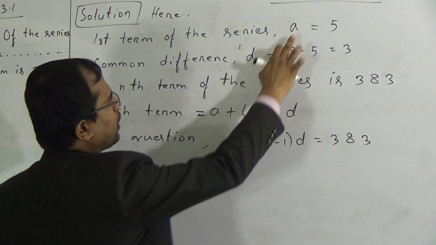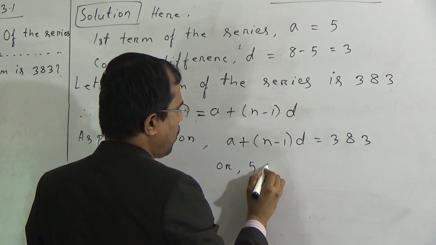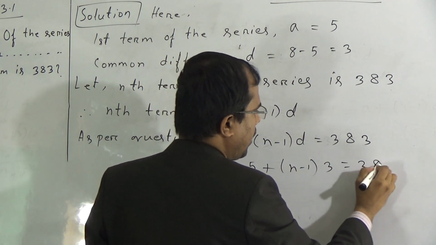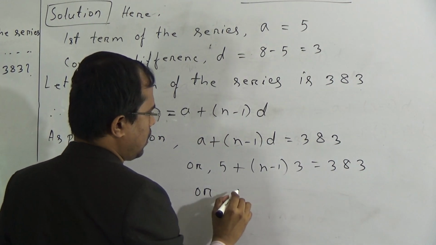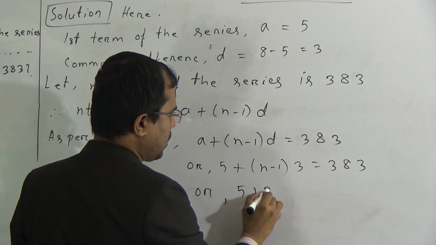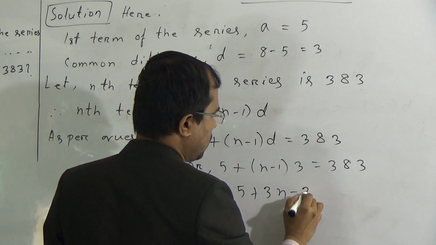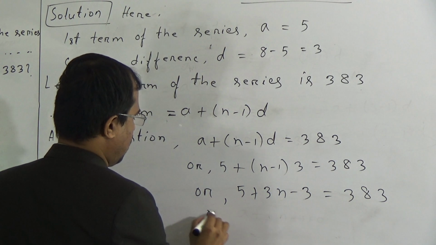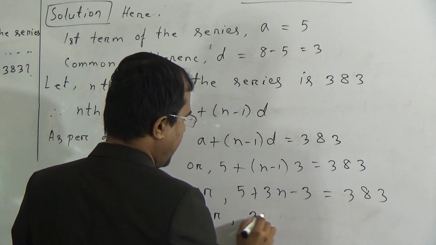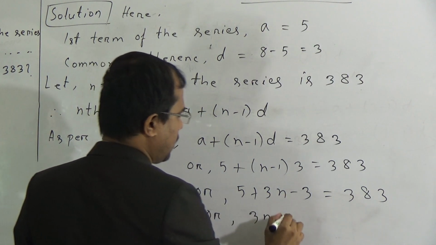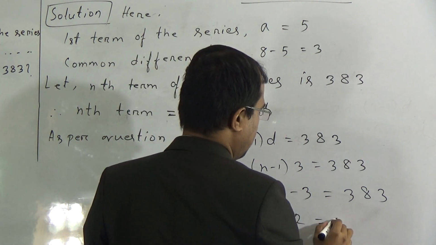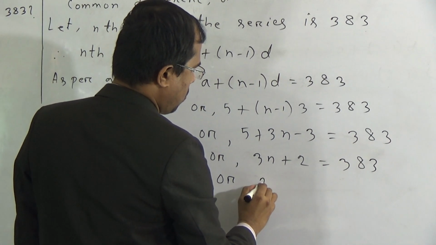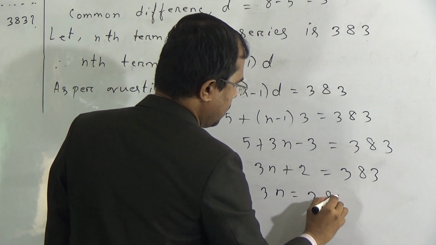Here the value of first term a equal to 5, so instead of a we will write 5 plus n minus 1 into the value of d, 3, equal to 383, or 5 plus n into 3, this is equal to 3n, minus 3 multiplication minus 1, this is equal to minus 3, equal to 383, or 3n plus 5 minus 3, this is equal to 2, that means 3n plus 2, this is equal to 383, or 3n equal to 383 minus 2.